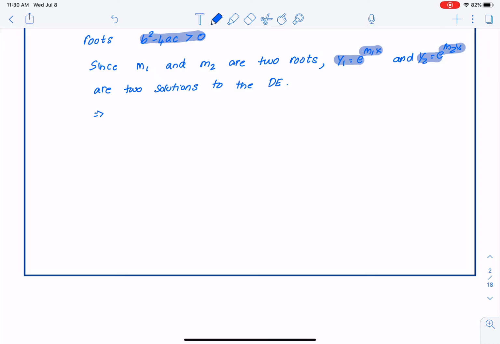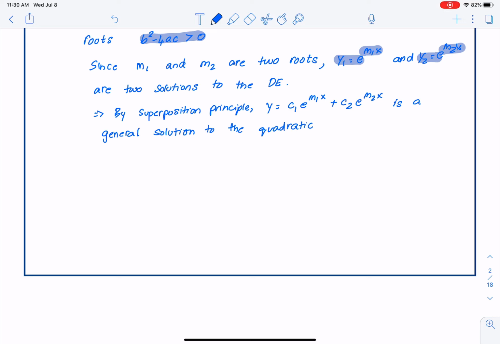So this would mean, by superposition principle, y equals c1 e raised m1x plus c2 e raised m2x is a general solution to the homogeneous DE with linear constant coefficients.